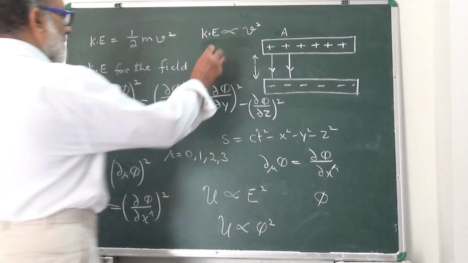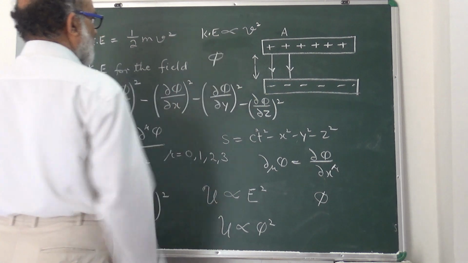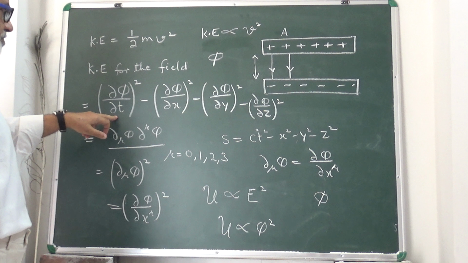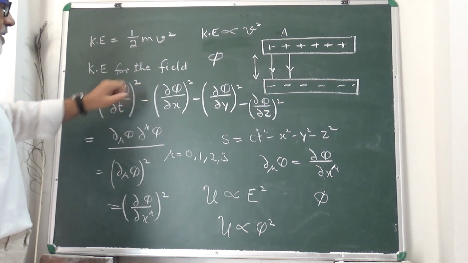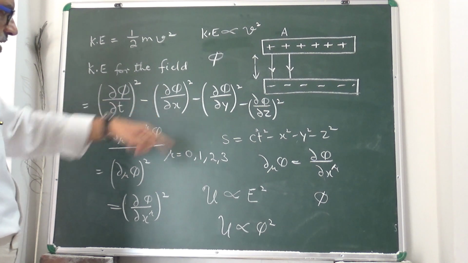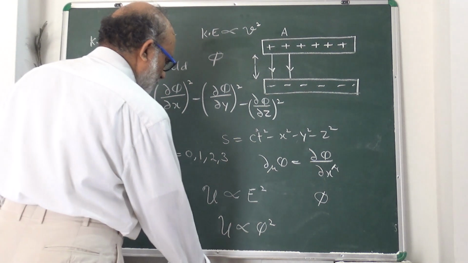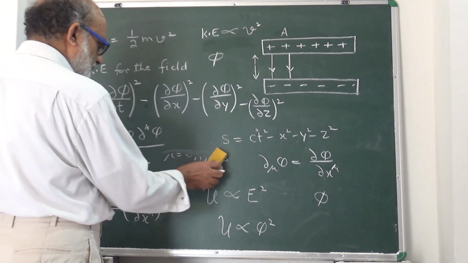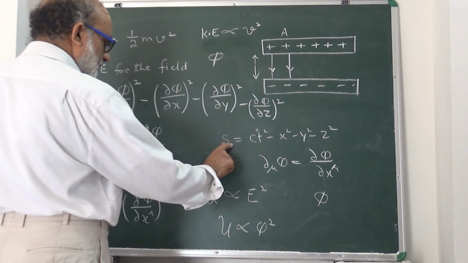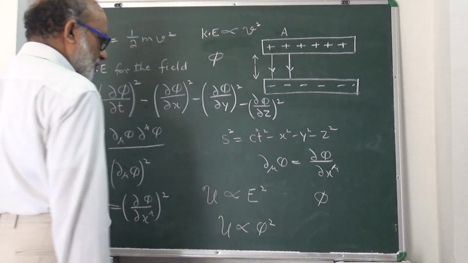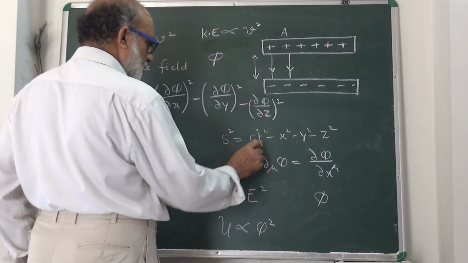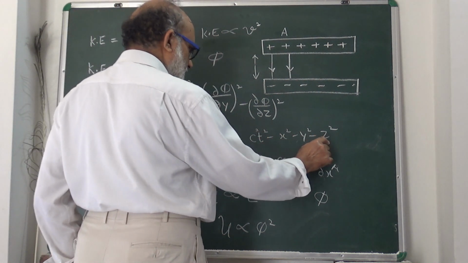If the field is phi, it is the variation of the field with respect to time, squared, minus. The minus is due to relativity, because in relativity any event can be written like this: s square is c square t square minus x square minus y square minus z square, where c is the speed of light.